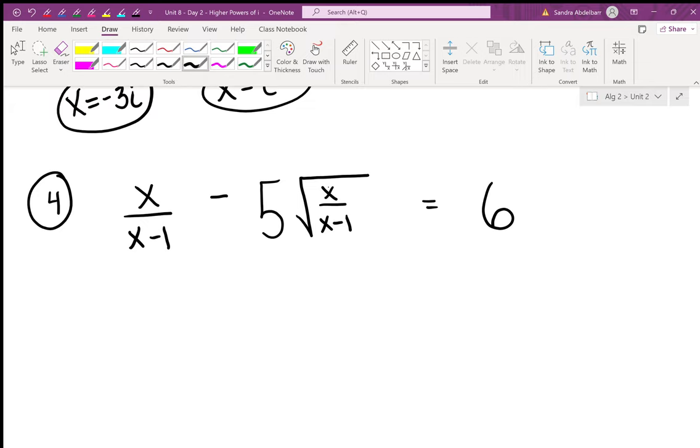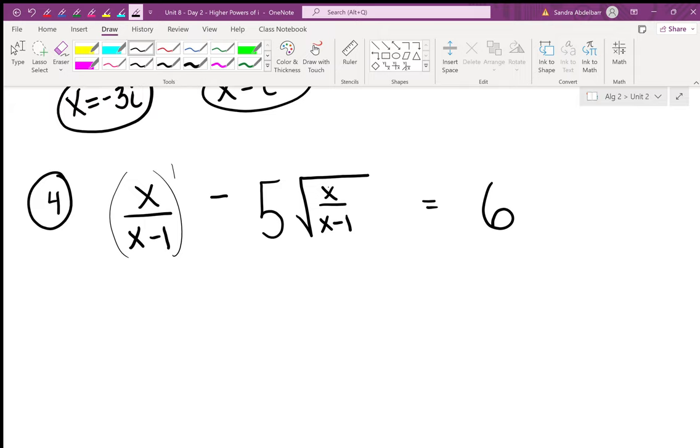Okay, I need some thoughts here. All right, so I'm looking at what we have. I have x over x plus 1, that whole quantity raised to the first power, right?